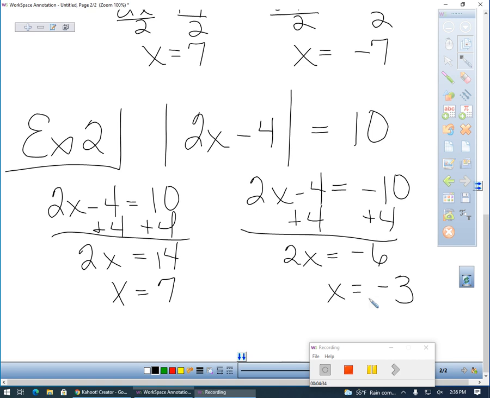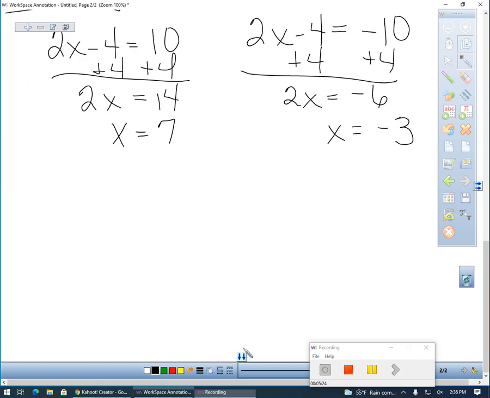The absolute value of 10 is 10. That works. This one, if I plug negative 3 in here, 2 times negative 3 is negative 6, minus 4 is negative 10, absolute value is 10. So both of these work. However, you do have a couple problems today where they don't work. Those are called extraneous solutions.